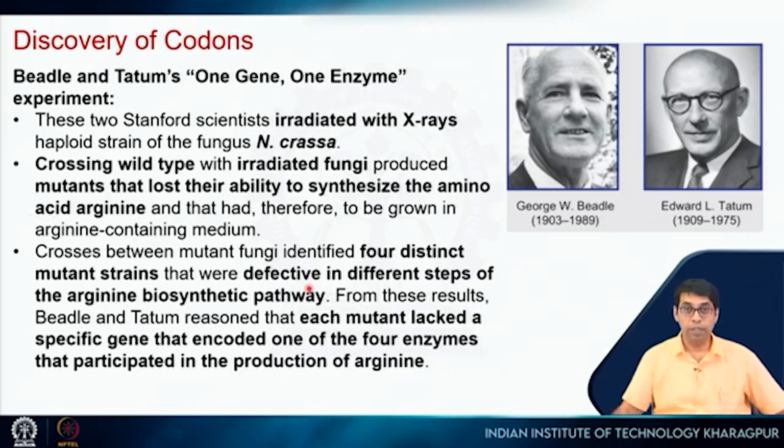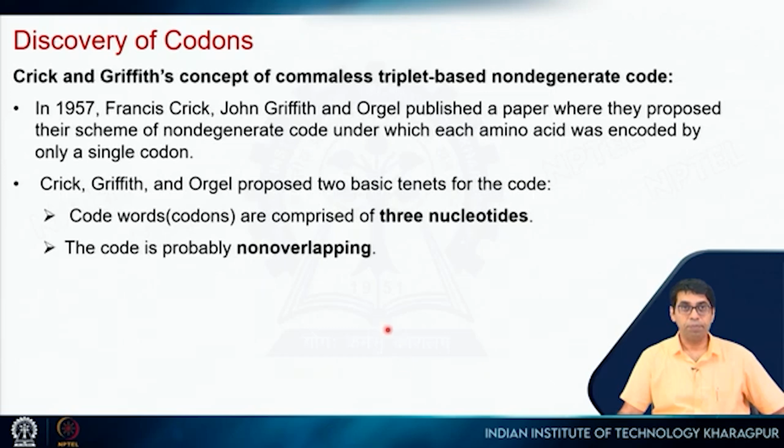So that is why you have 4 different types of mutants. Each mutant lacked a specific gene that encoded one of the 4 enzymes that participated in the production of arginine. So that meant that one gene is producing only one enzyme, because if one gene produced a defect in multiple enzymes, then you would see much more defects in those mutants, right?